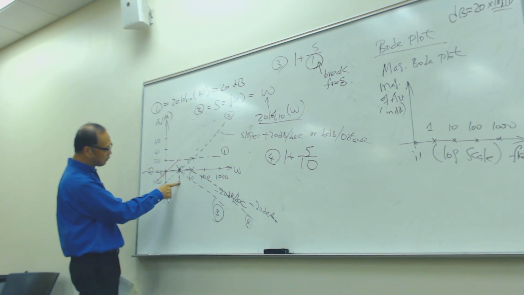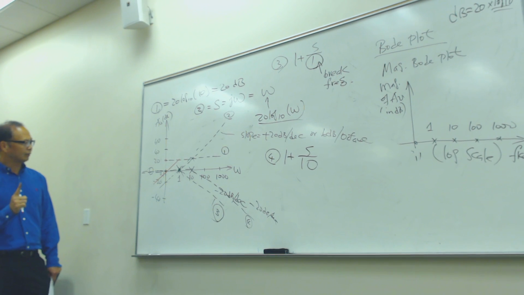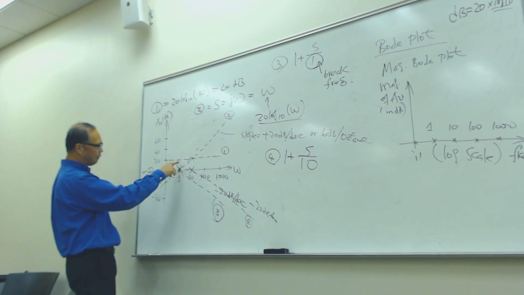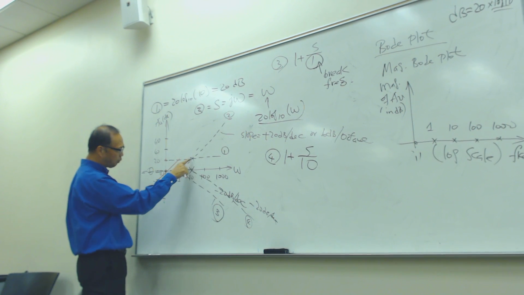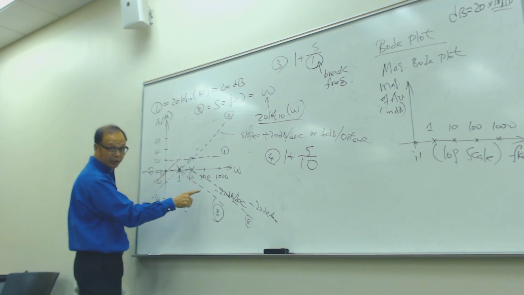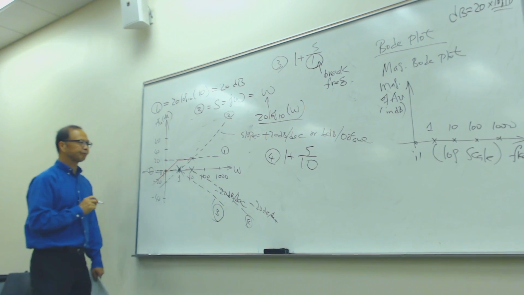And then once you hit 1, the slope will have to change. Changed to what? Between 1 and 10, you have 0 slope: you have plus 20, you have minus 20. It becomes flat. Correct?